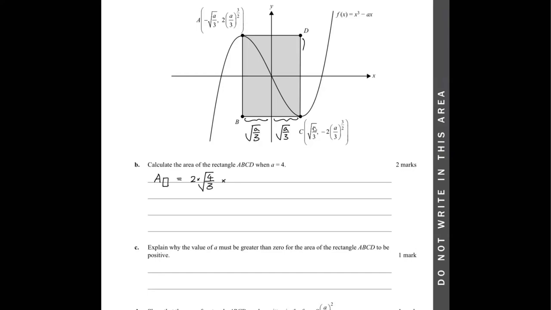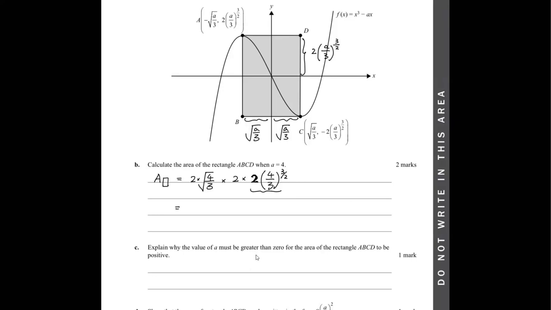So the height, this bit is 2 times (a over 3) to the power 3 over 2, times 2, times 2, (4 over 3) to the power 3 over 2. Okay? It's just an exercise of substitution, formulation and substitution. But don't forget, you have the small elements with 2's. That's somewhere students are very likely to make mistakes.